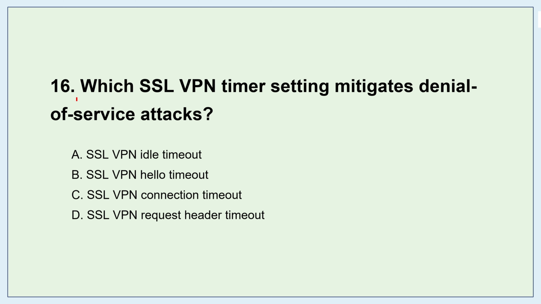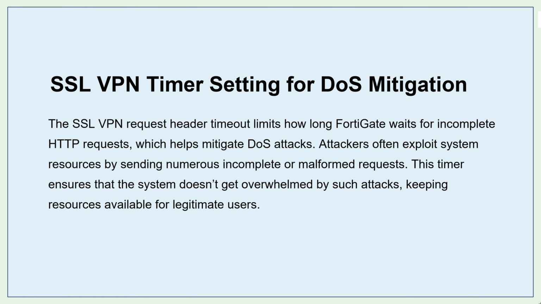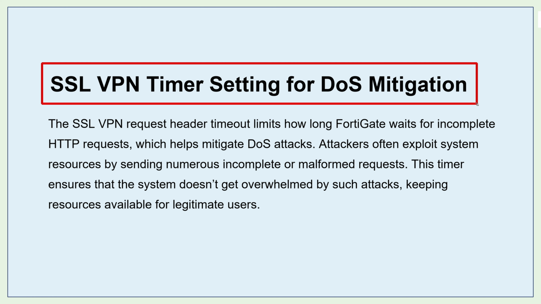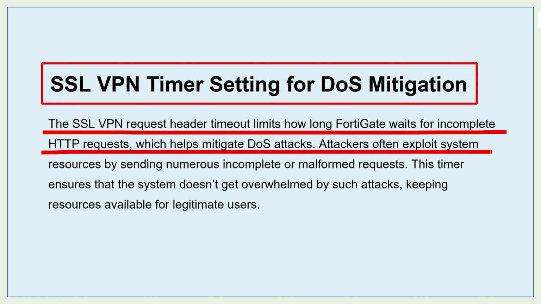Question 16. Which SSL VPN timer setting mitigates denial of service attacks? The knowledge points of this question are: denial of service protection. The SSL VPN request header timeout limits how long FortiGate waits for incomplete requests.